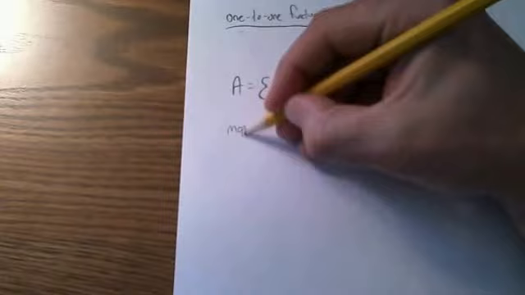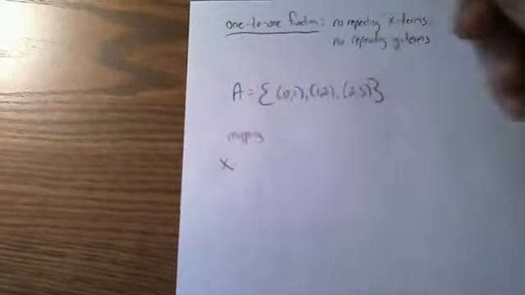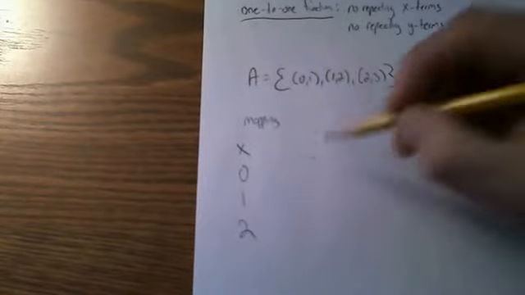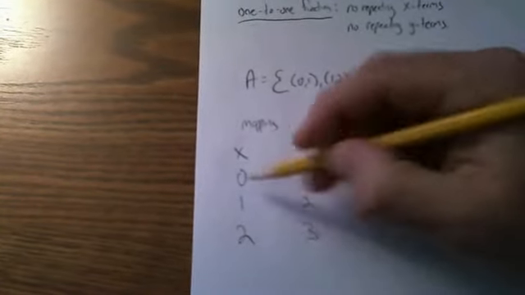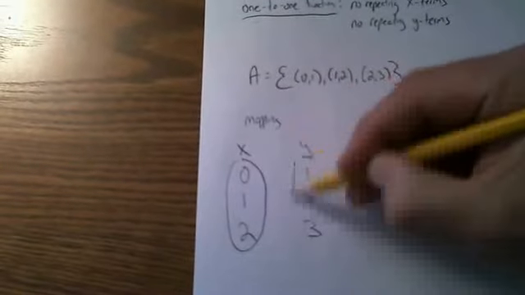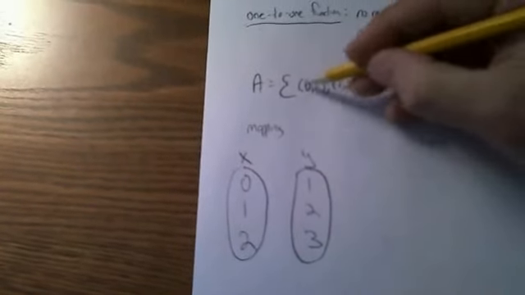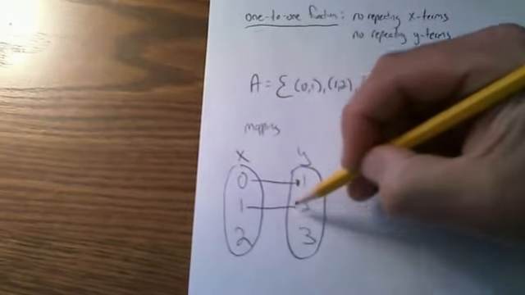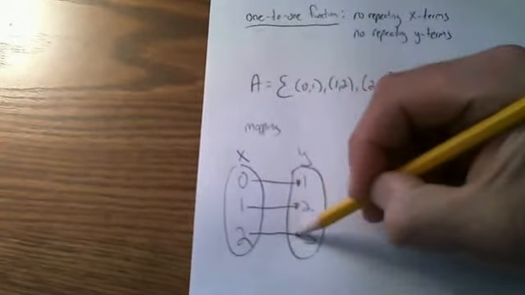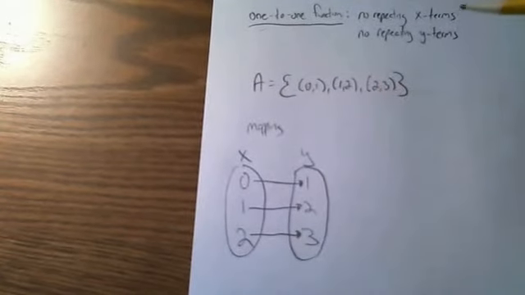So the mapping of A, let's list our domain members: 0, 1, 2. List our range members: 1, 2, 3. 0 becomes 1. If our input is 1, our output is 2. If our input is 2, our output is 3.